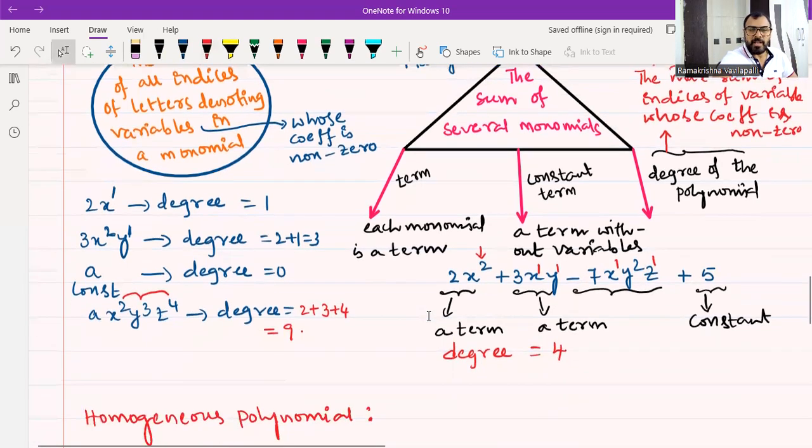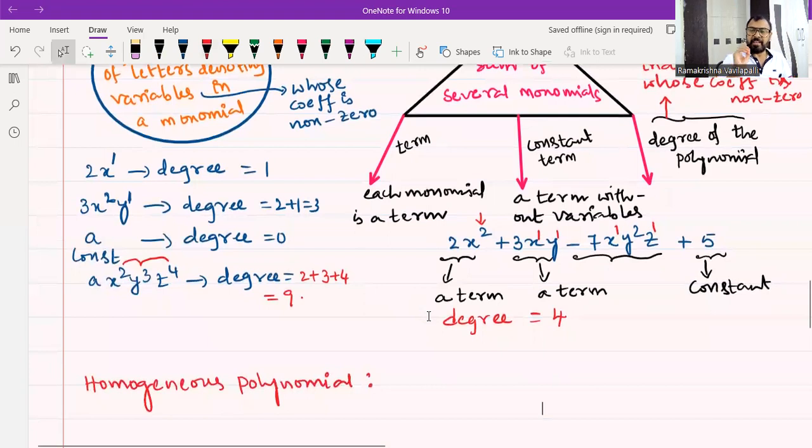So polynomials are very, very important, right? So these polynomials we can understand very clearly. It is the sum of several monomials. So polynomials can be in a single variable, or polynomials can be in several variables.